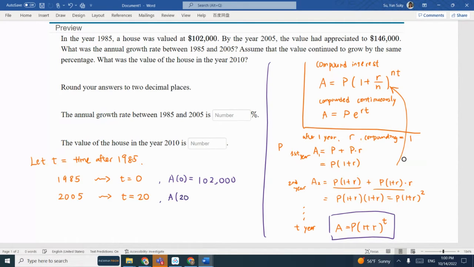The amount when t equals 20 is 146,000. So we can use these two pieces of information to find P and r. We have two parameters, P and r, and we need to figure them out.